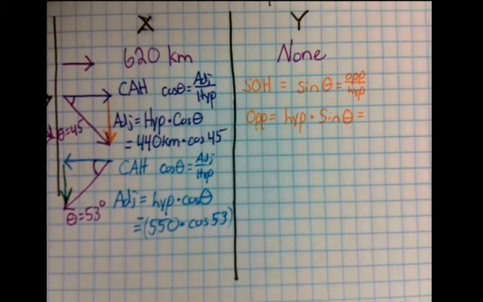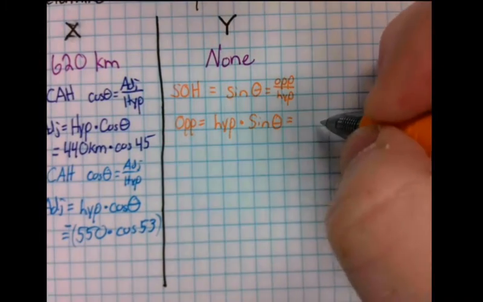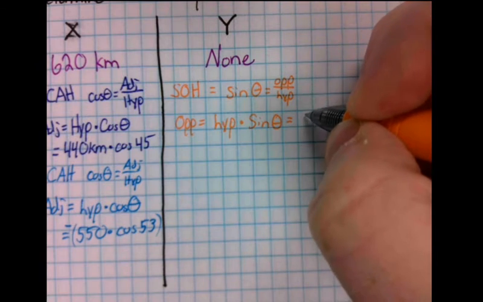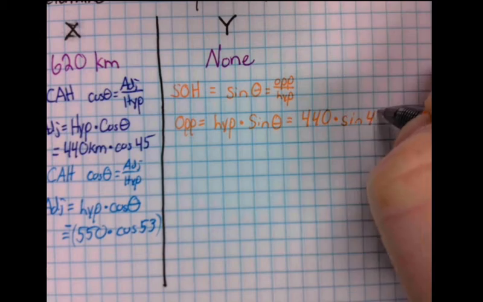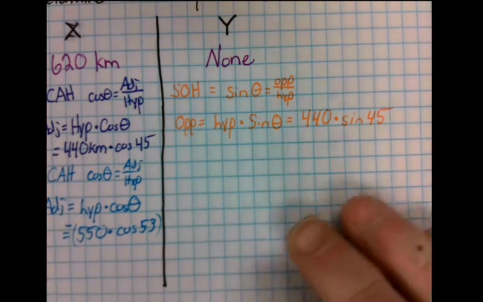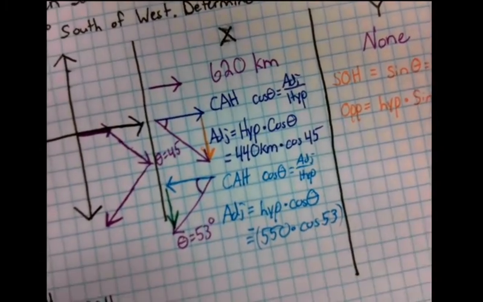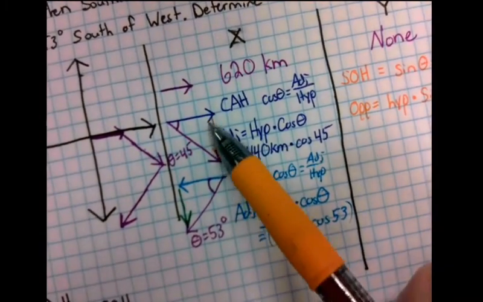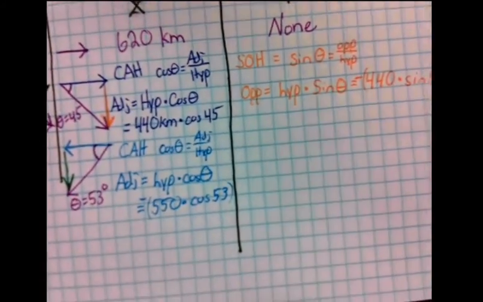So if we put that in over here, we will get 440 times sine 45. Same as before, I'm going to be plugging it in over there. Remember that this arrow is going downwards, so because it's going downwards, this is also going to be a negative value. We have to make sure we know that it's a negative value.